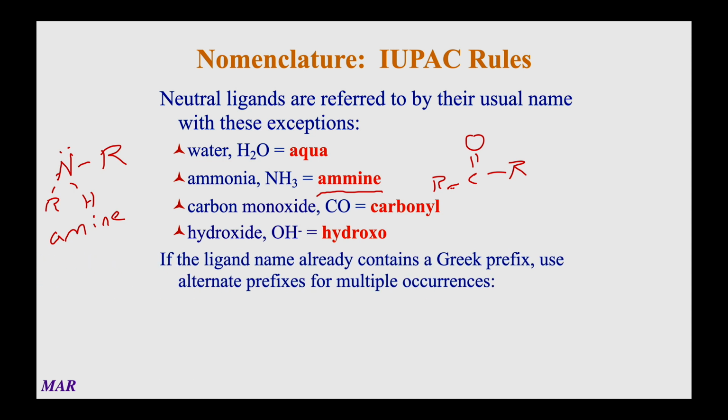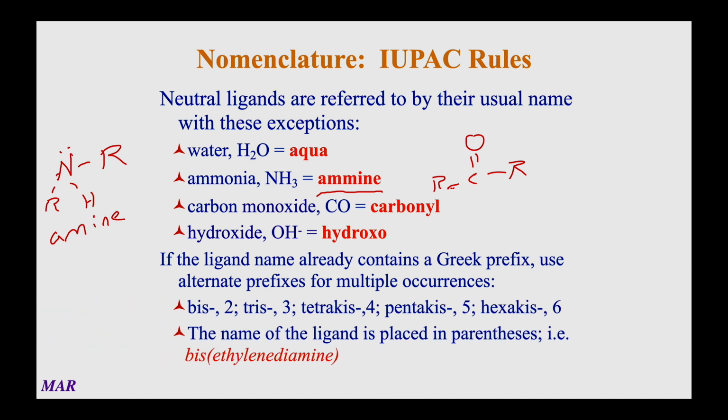Some ligand names already have a Greek prefix in them. So for example, ethylene diamine has di already in it. If you had two ethylene diamines, it would be diethylene diamine. And that sounds weird. Like, do you have two ethylenes and two amines? Or is it two ethylene diamines? So if your ligand already has a Greek prefix, then what you want to do is use the alternate prefixes.